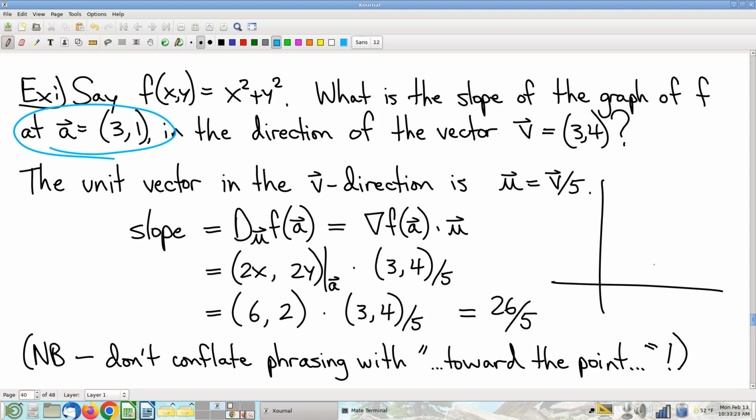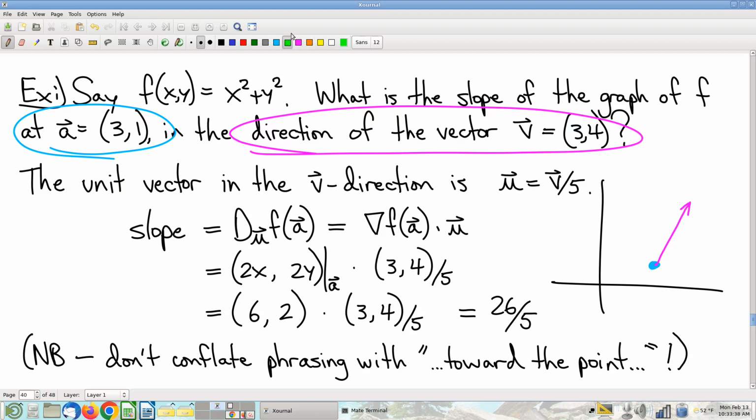Here's the point 3, 1. And then it says I am moving in the direction of the vector 3, 4. 3, 4 would be about like that, right? And so I find this corresponding unit vector here, which is a unit vector in that same direction.